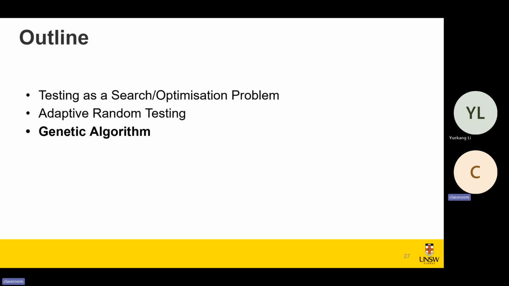And they are not only useful for testing, they could be useful for other problems. That's why we are trying to convert testing into some searching or optimization problem, because we can apply some general algorithms if we can transform the problem here.